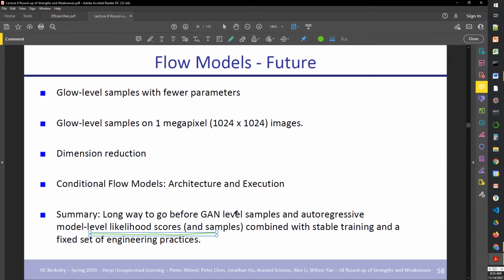And then you have to worry about getting stable training, and it seems very much ad hoc, tweak your way to results, rather than here's how you should do flow models. So not yet a fixed set of engineering practices in this space.